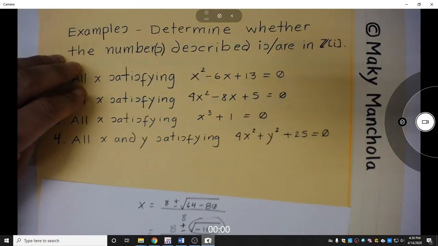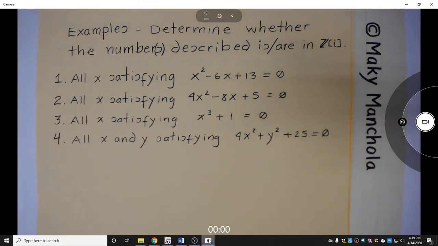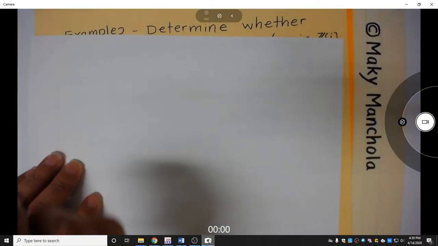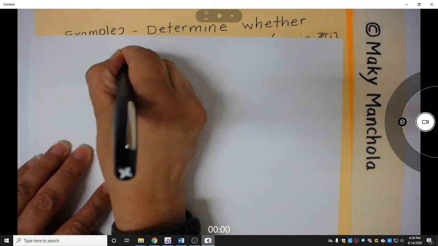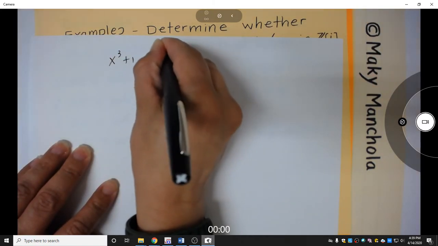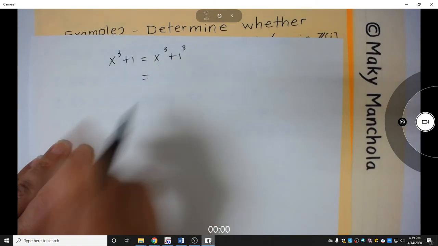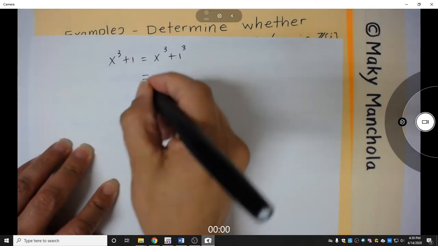The third one, all x satisfying x to the third plus 1 equals 0. Now let's observe that x cubed plus 1 is the sum of cubes. x cubed plus 1 is x to the third plus 1 to the third. So we can use the sum of cubes formula.